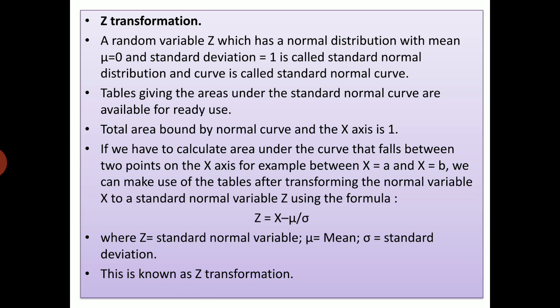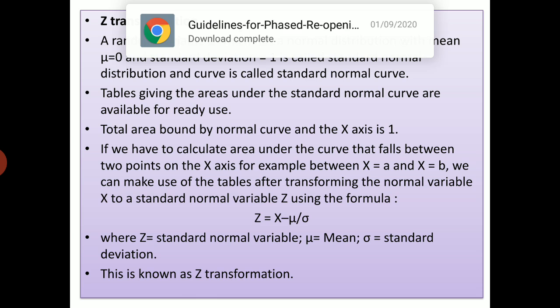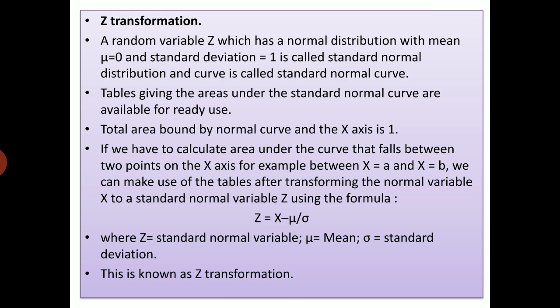Just get the graph in front of your mind, that bell-shaped graph. On the x-axis, you will see these two points, a and b, and if you want to calculate the area, for example, you have seen that for standard deviation 1, for sigma 1, that area is 33 point something on each side, so total 68%.